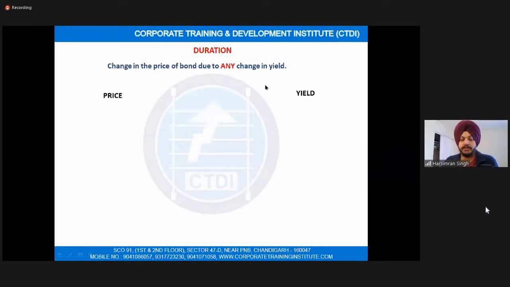Now, in duration, in sensitivity, we calculated the change in price due to 1% change. In basis point, we calculated for 0.01% change. In duration, we calculate for any percentage change.